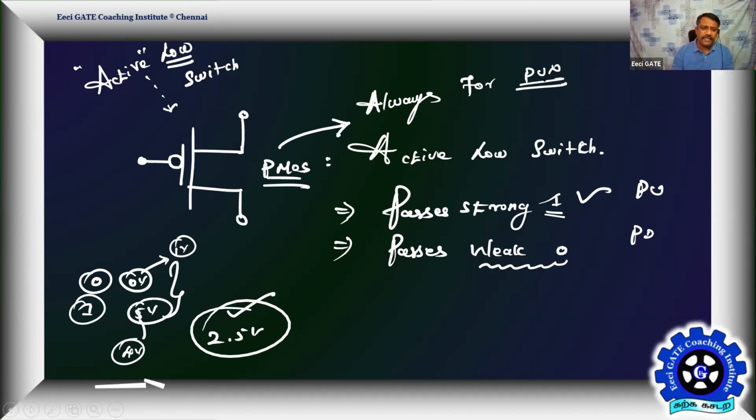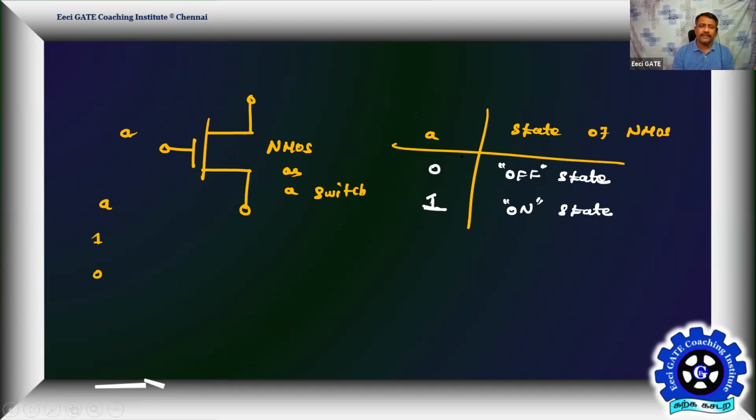Similarly, when it comes to NMOS, NMOS is a strong passer of 0. That means it passes a strong 0. Therefore one can happily use it for the pull down network.